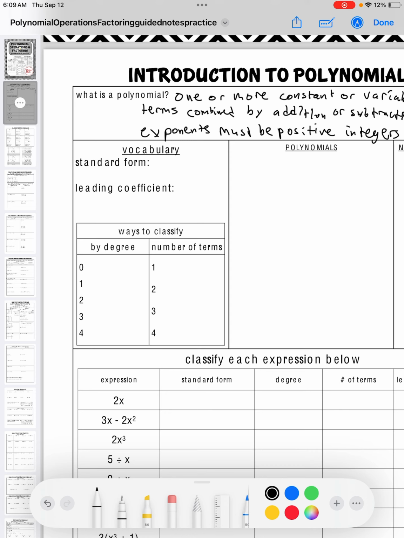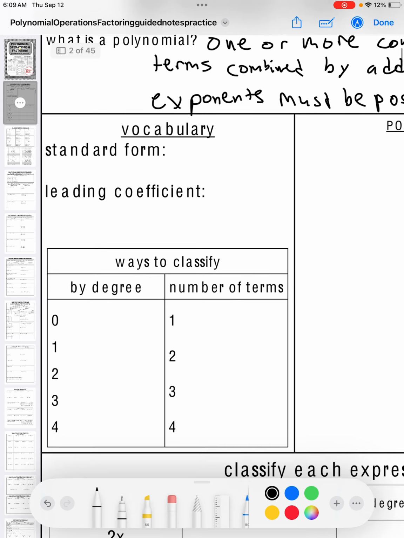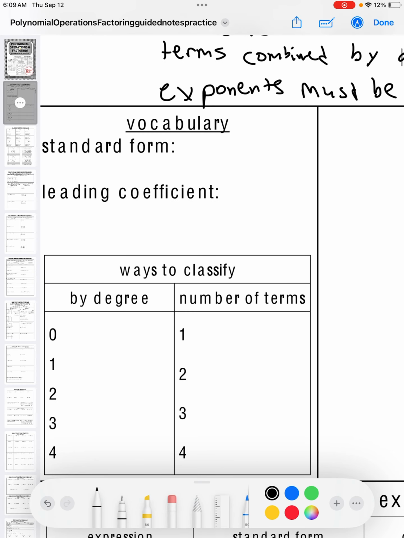Some more vocabulary is standard form. The standard form of a polynomial is the terms in ascending order. Wait, sorry, I got that wrong. It is not ascending order, it is descending order.